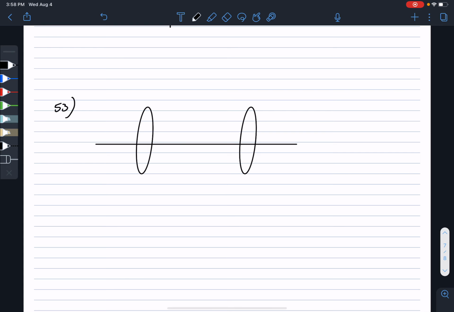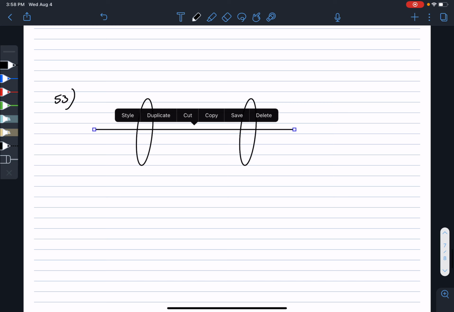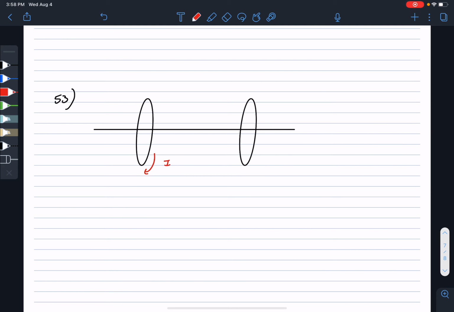All right, number 53. We're given two loops. And then we're given a wire running through them. And then this wire is insulating, right? And we're told that there's a current going around this way on the loop.